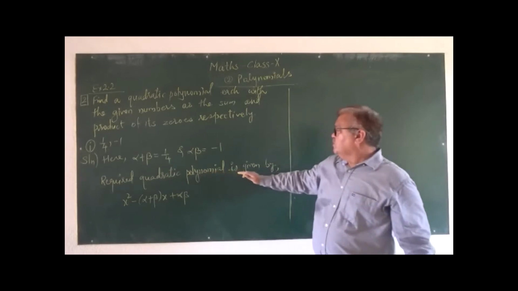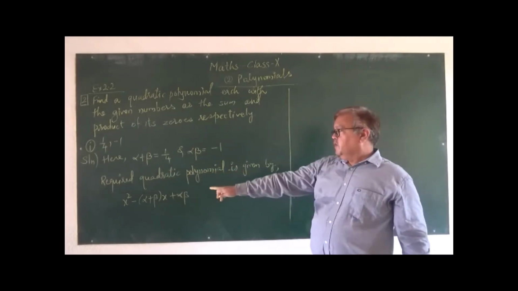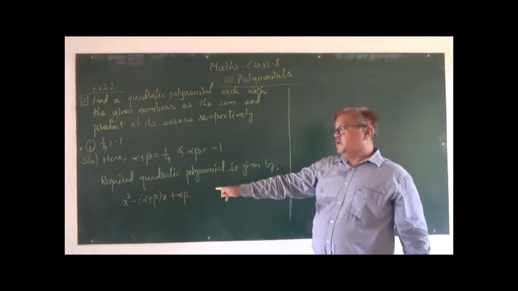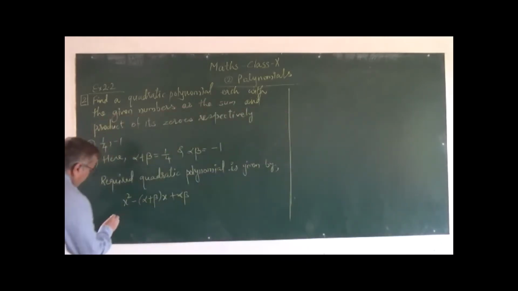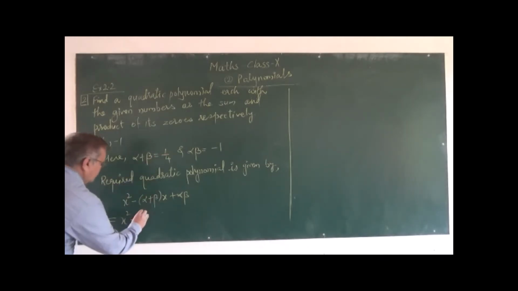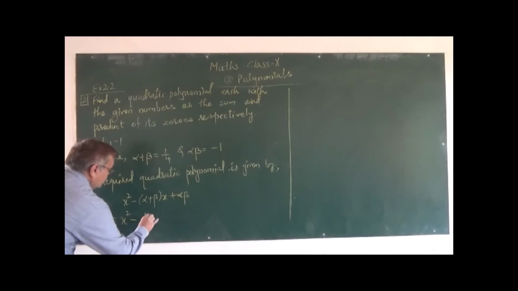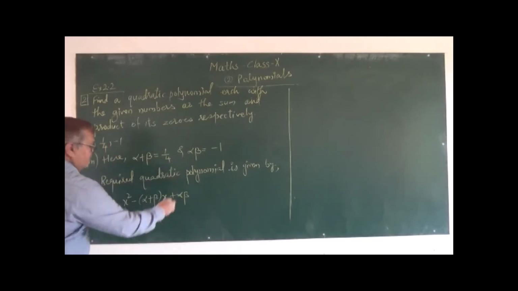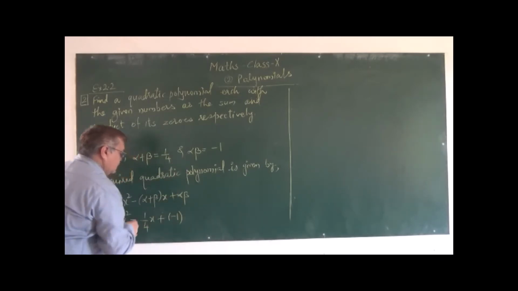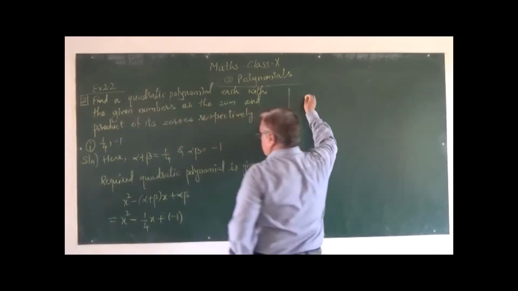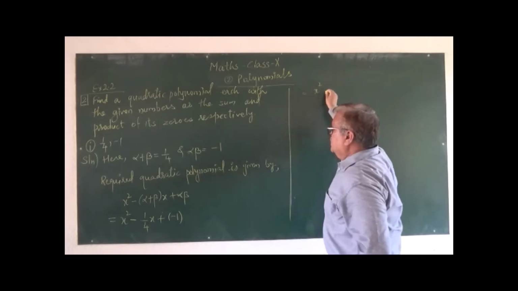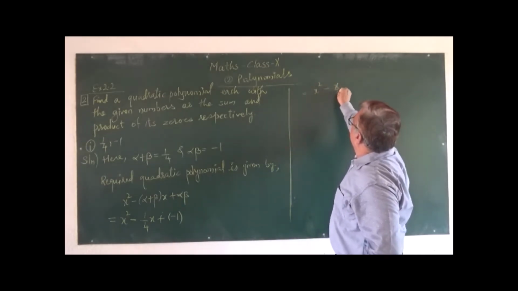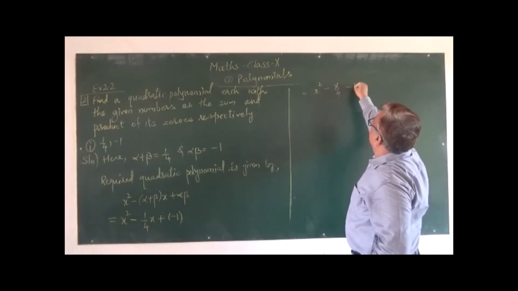The required quadratic polynomial is given by x square minus alpha plus beta into x plus alpha beta. Just substitute the values. So x square minus 1 by 4 into x plus minus 1. So it is nothing but x square minus x by 4 minus 1.